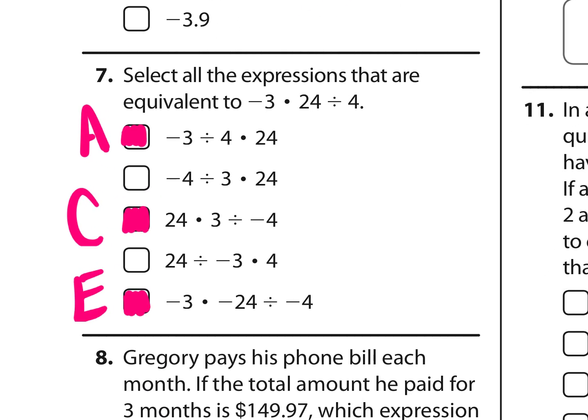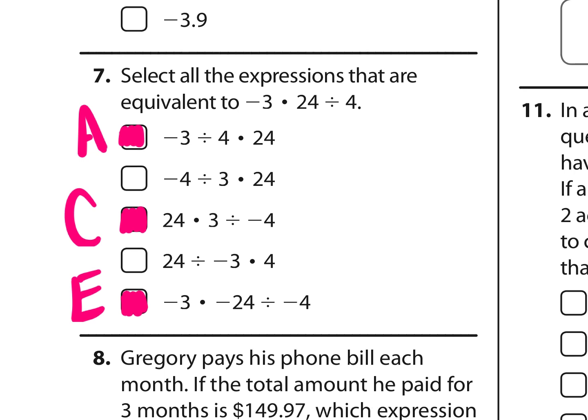What all is equivalent? We could go through and just use order of operations. Negative 3 times 24 is negative 72 divided by 4 is negative 18. So choice A. Negative 3 divided by 4 times 24 is negative 18.